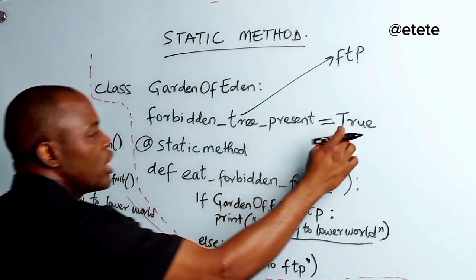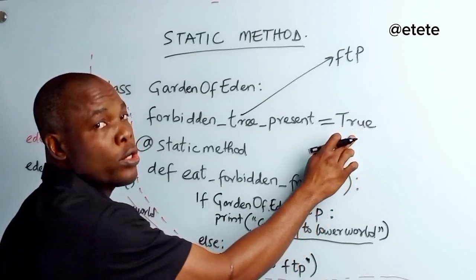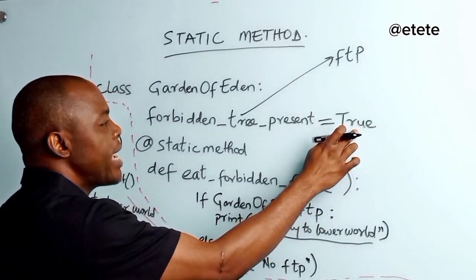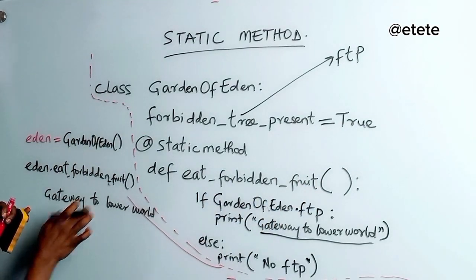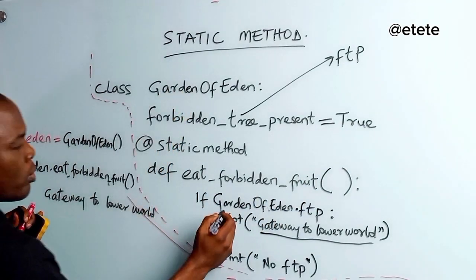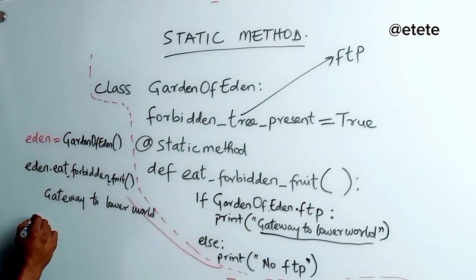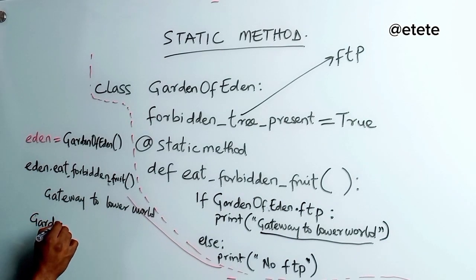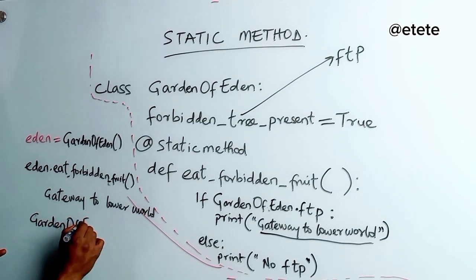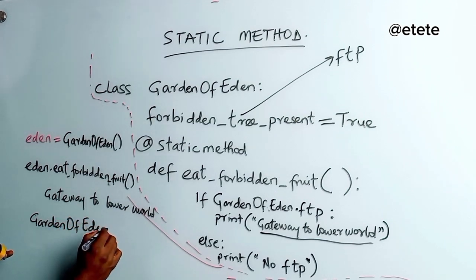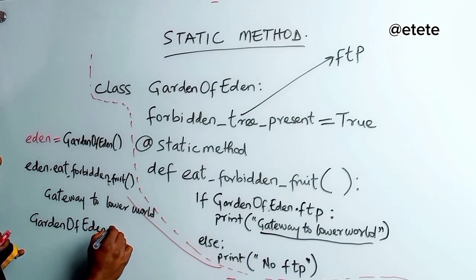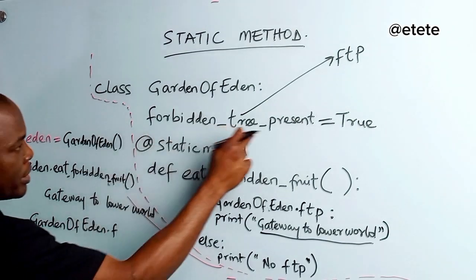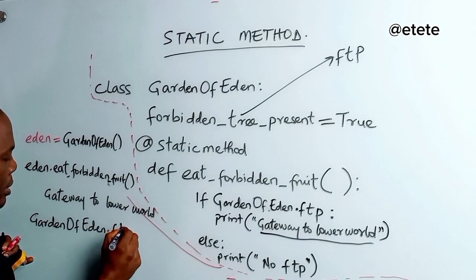But if I change this now to false, how will I do that? Just at this place, I now come here and I say Garden of Eden dot forbidden tree present, which is FTP.